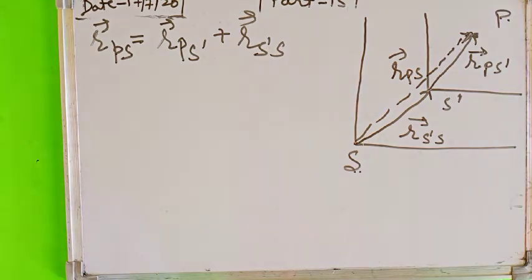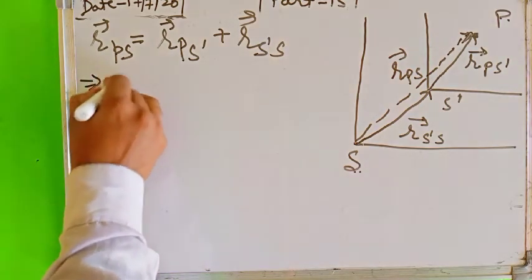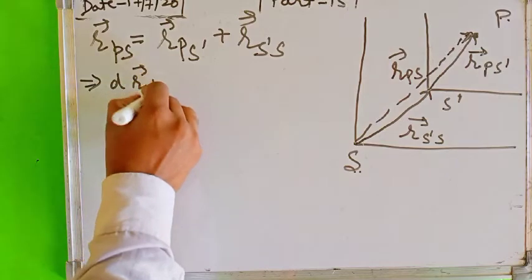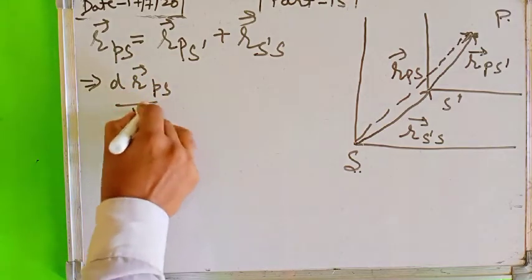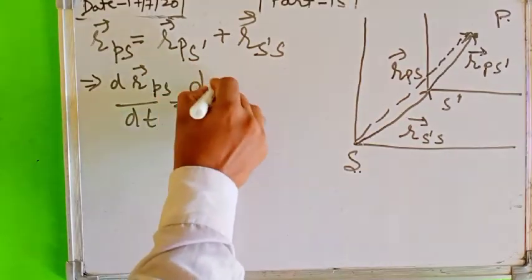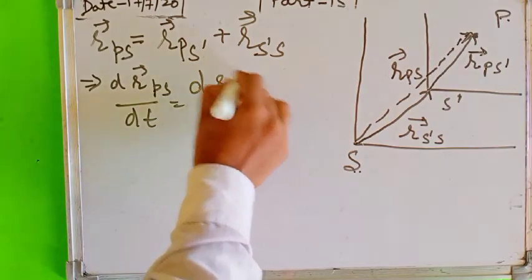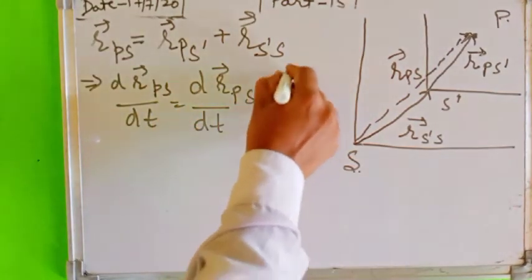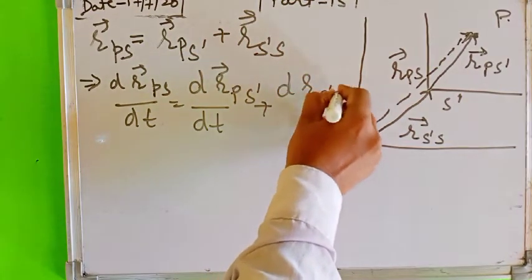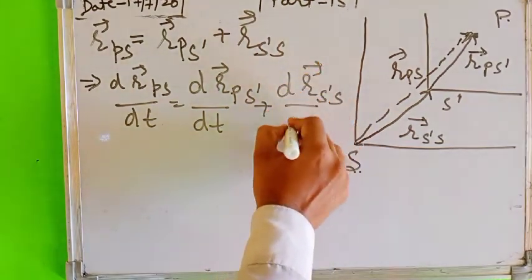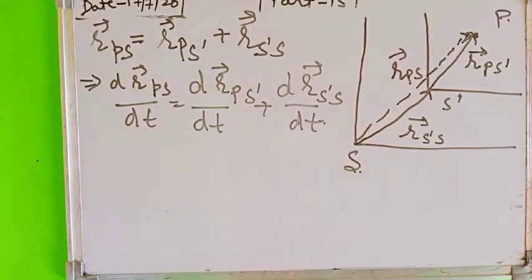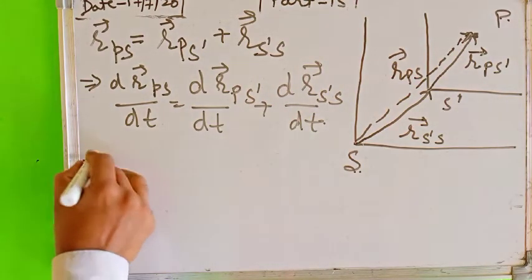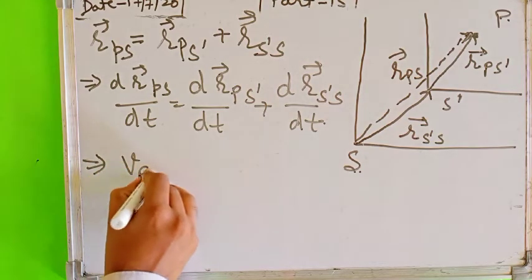Now differentiating both sides with time t. Differentiating position with time, we will get the velocity.